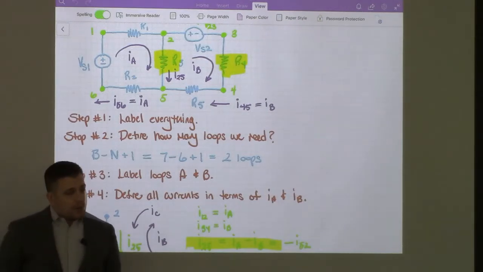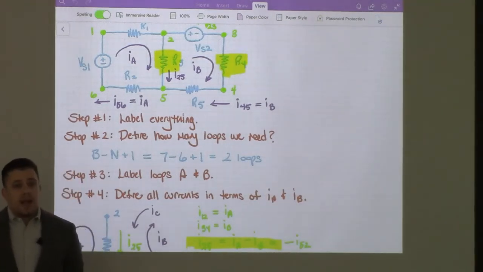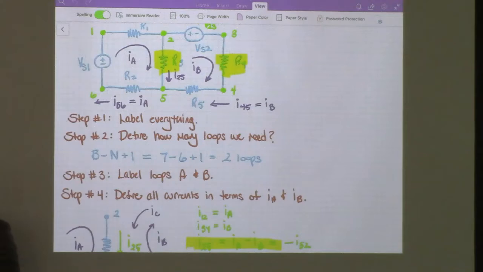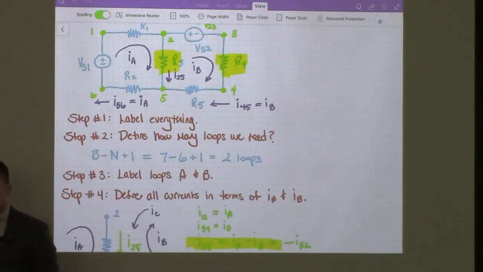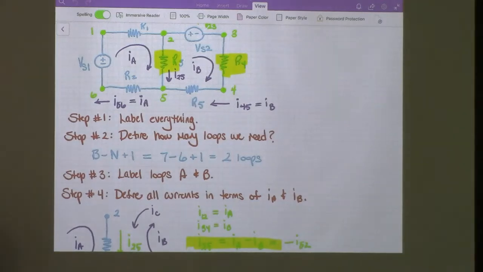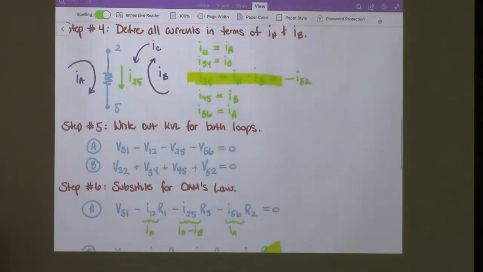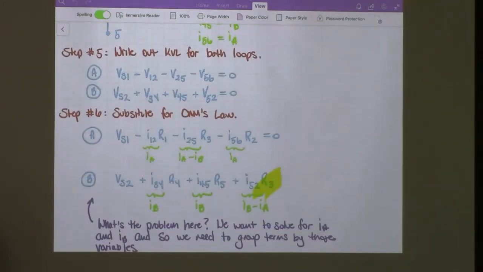That method works in most cases. I really just used it as a check on the number I get from B minus N plus 1.